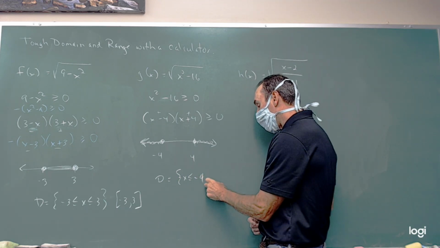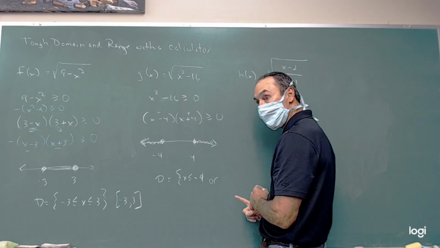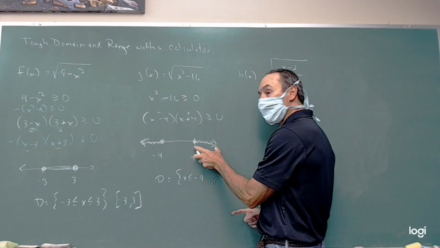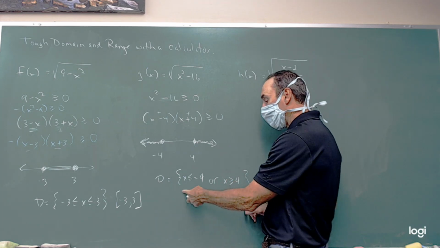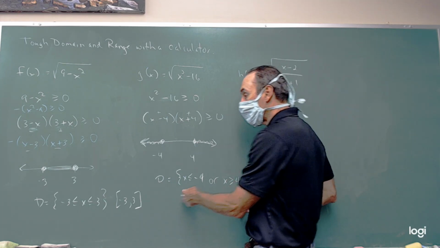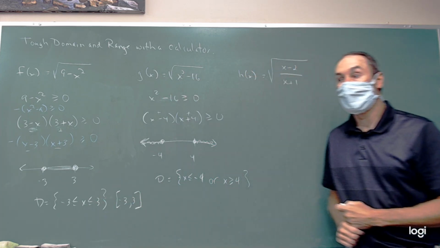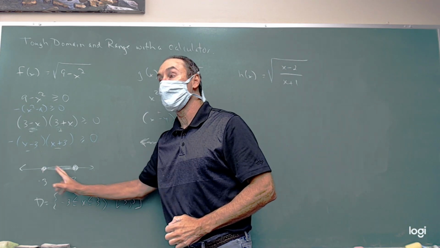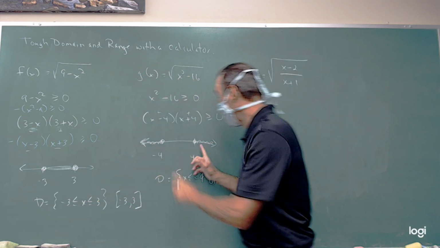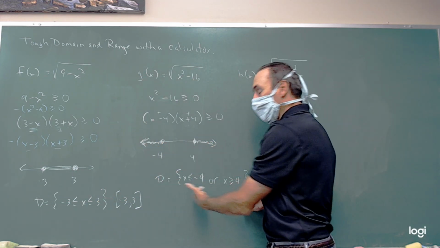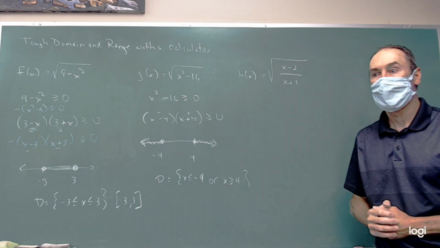We need the word or, not and, and then this piece over here is x greater than or equal to positive 4. You cannot combine these in any correct way, like we did over there. Here we have this stuff in between negative 3 and 3. We could write the inequality as that in between. Here we have the outsides. We have to have two separate inequalities. Questions so far?